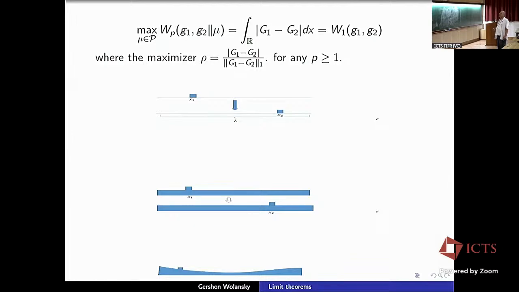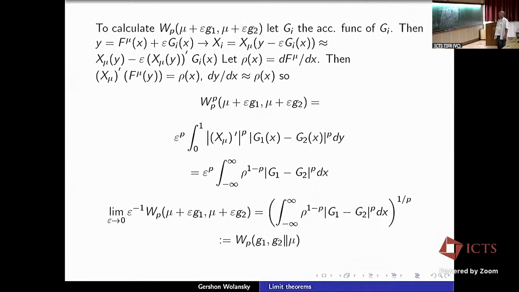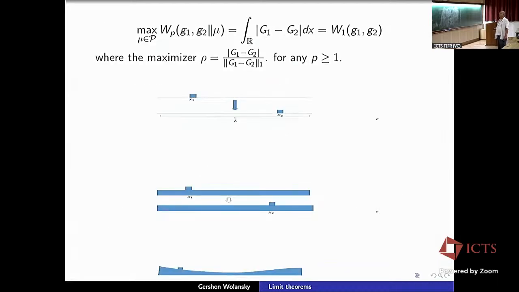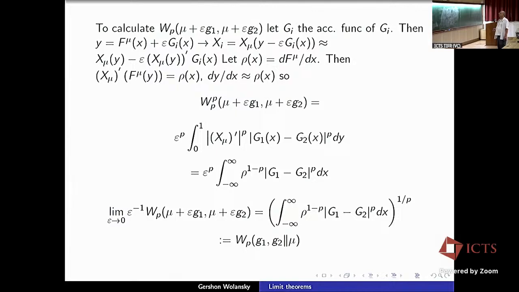But if you have a background, this is reflected in this integral. Rho turns out to be uniform because I assumed here that G1 and G2 are two delta functions.